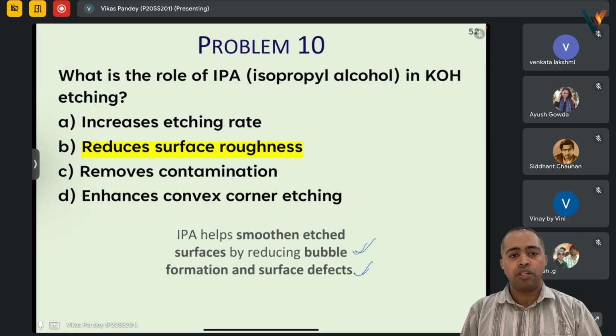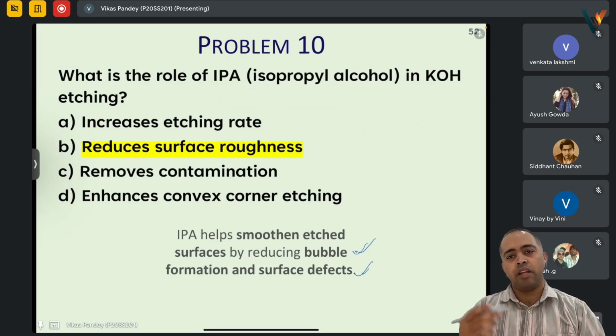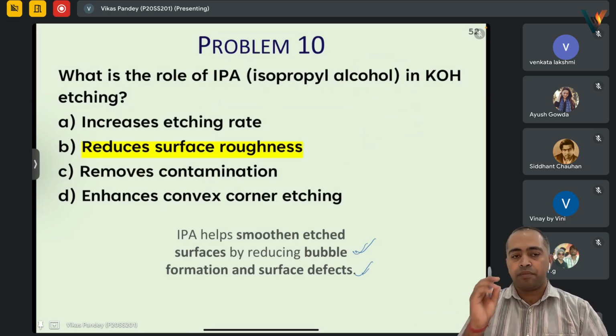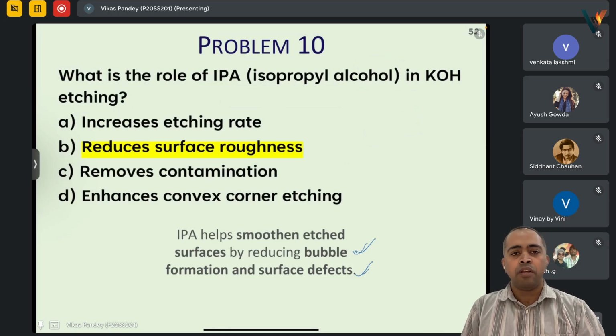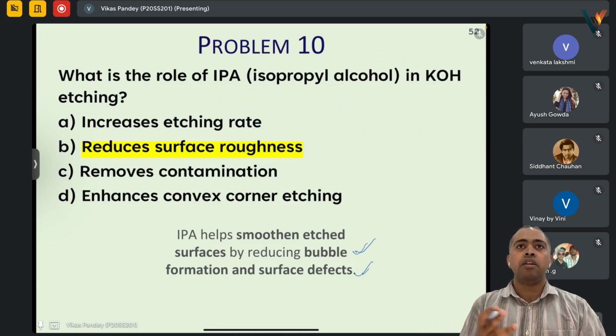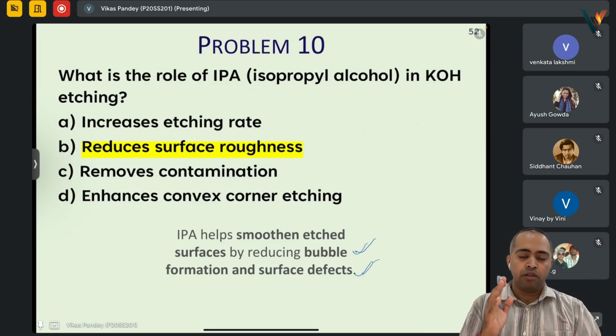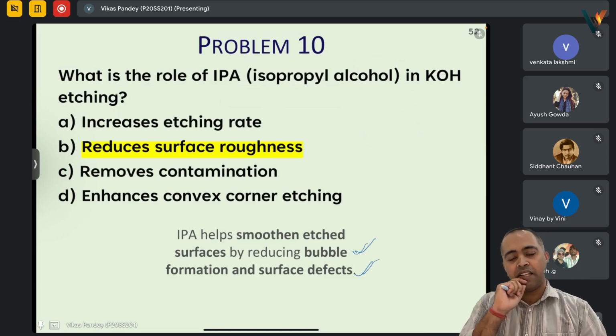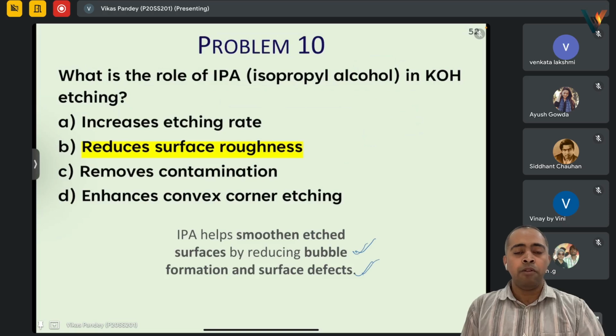Okay, so it reduces surface roughness, and the rate is again determined by the concentration of KOH and all. The etch rate will remain the same, but it will facilitate some surfaces which, although theoretically we say that this etching will happen, when we practically do it, some parts will not etch out.